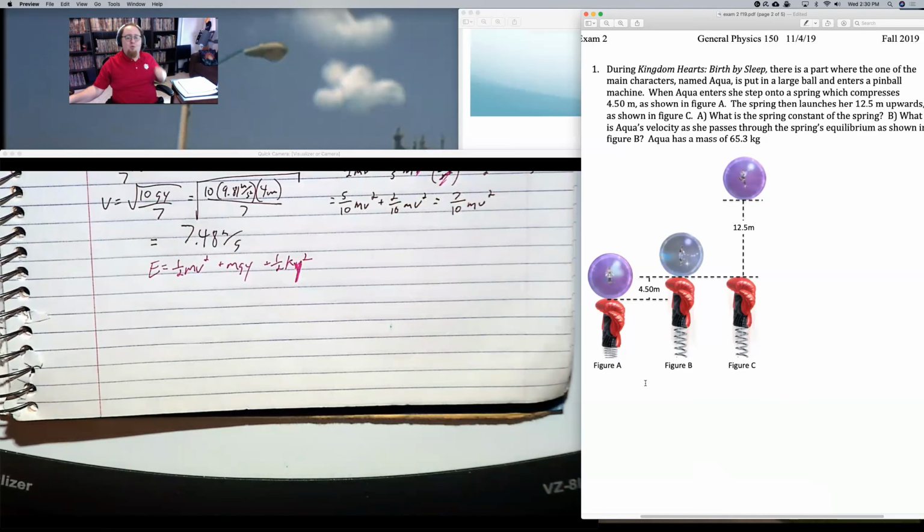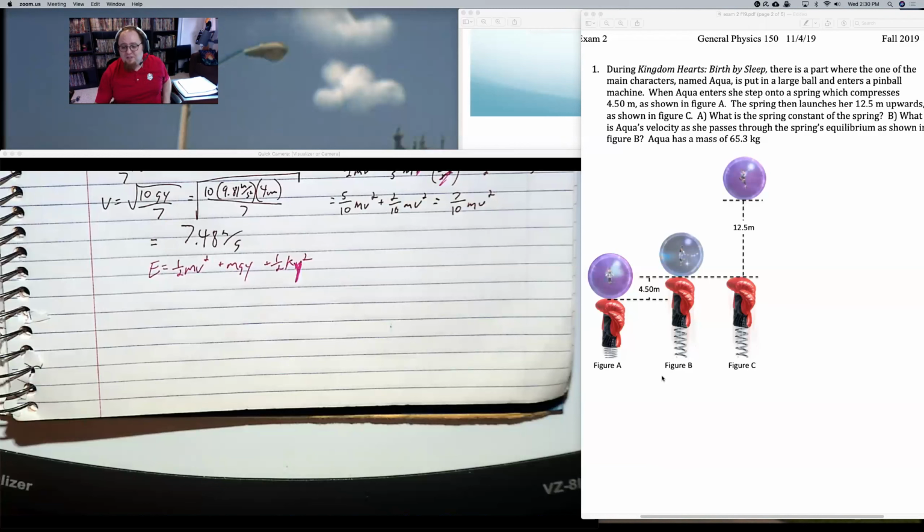And what I'll do is figure out which of these terms are what, where. Now, for gravitational potential energy, you define your 0 point. But for spring potential energy, you don't. Spring potential energy is 0 wherever the spring isn't compressed. If I push this down, that's not 0 anymore.